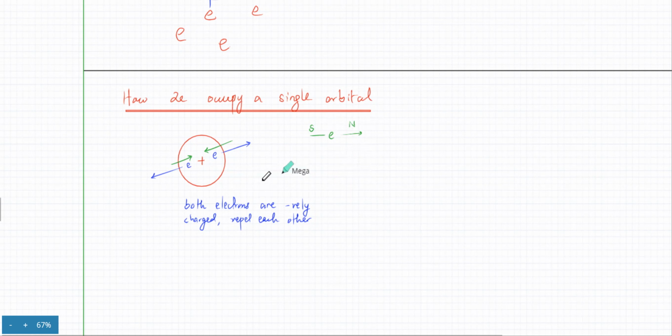So what's going to happen is that both electrons, and the magnetic fields are known as magnetic dipoles. So both electrons have opposite spins.